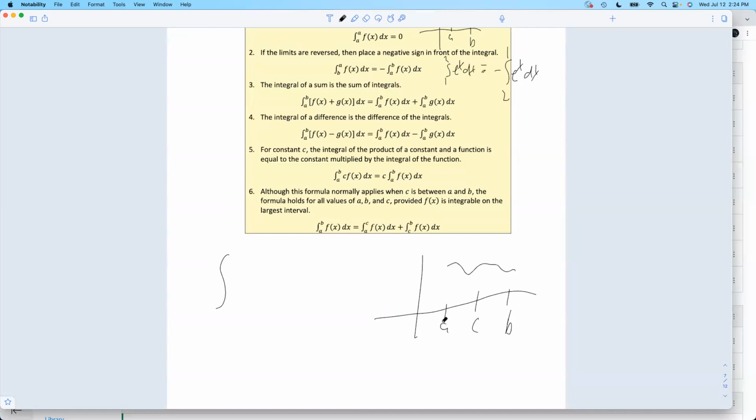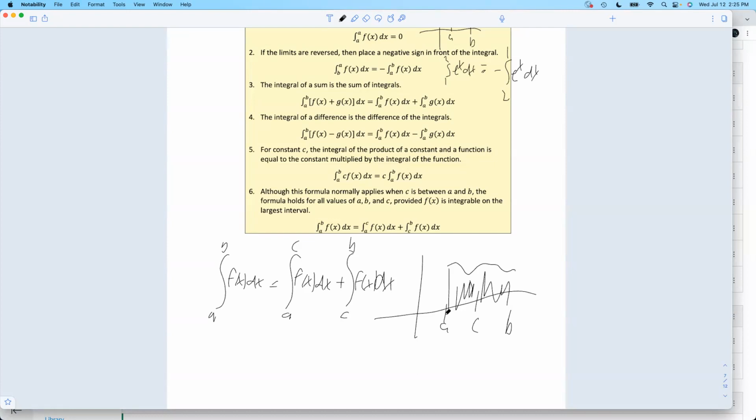And I want to know the area, say, from A to B. What this says is the area under the graph from A to B is the same as just finding this area first, A to C, f of x, plus finding this area and then adding those together. I wrote that backwards. C to B.